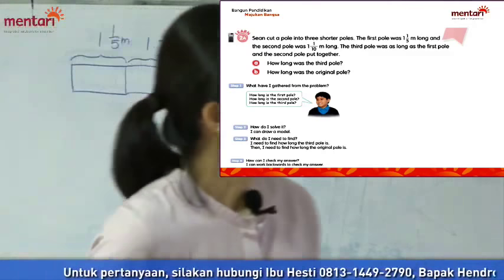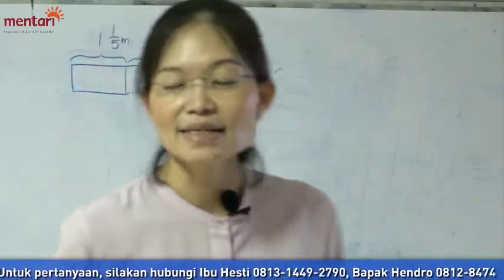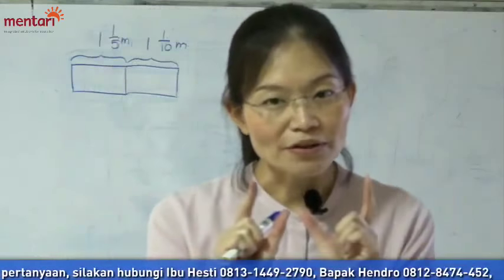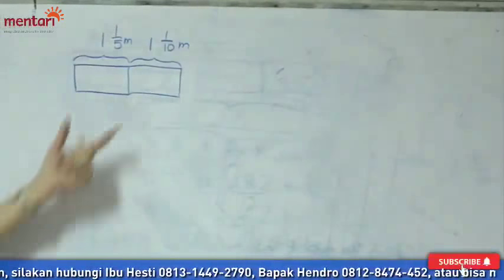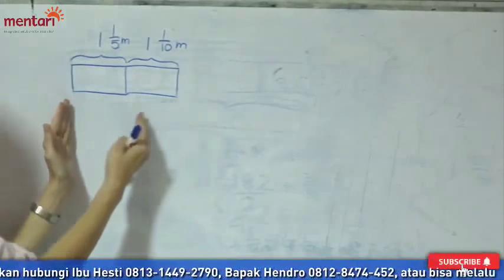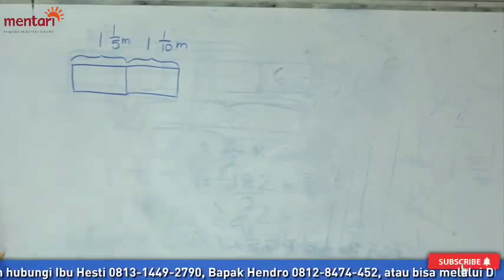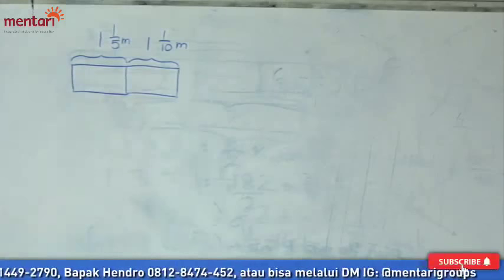So now the third pole was as long as the first pole and the second pole put together. Here we can say this is the first pole and this is the second pole, and when they are put together, they will be as long as the third pole. Do you understand that?